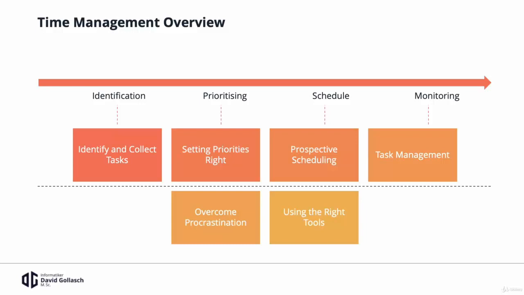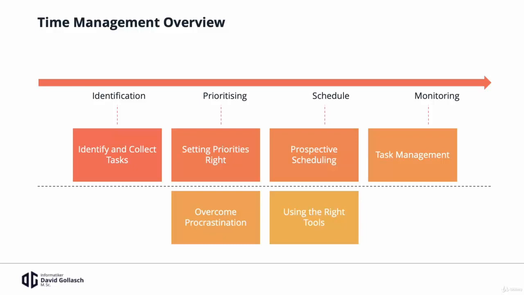So find a time slot for fulfilling those tasks. And while doing the tasks, while fulfilling everything, we have a fourth phase, the monitoring of our process of fulfilling tasks. And that's done by a proper task management strategy.